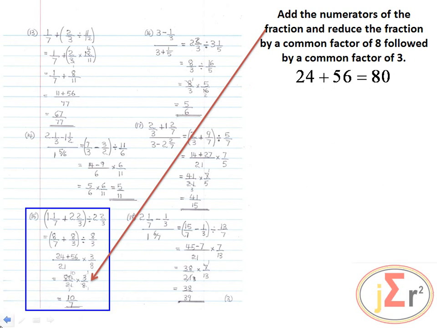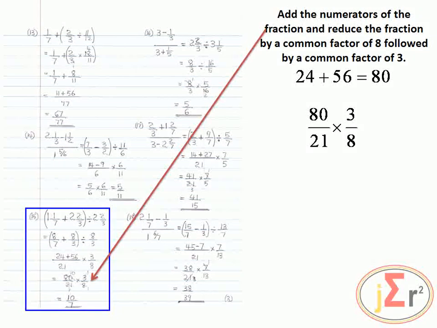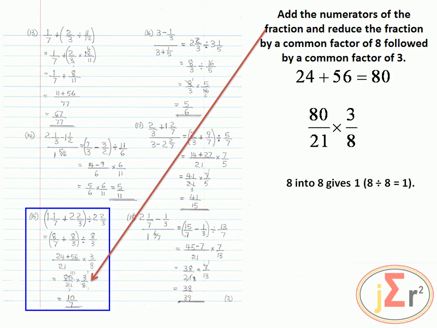So we have 24 plus 56, these two numbers equal 80. So 80 over 21 multiplied by 3 over 8. So 8 into 8 gives 1, and 8 into 80 gives 10. So what do we know?